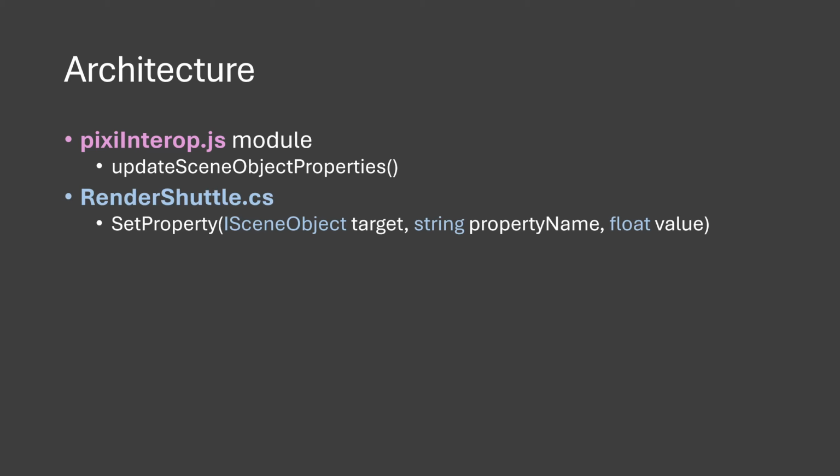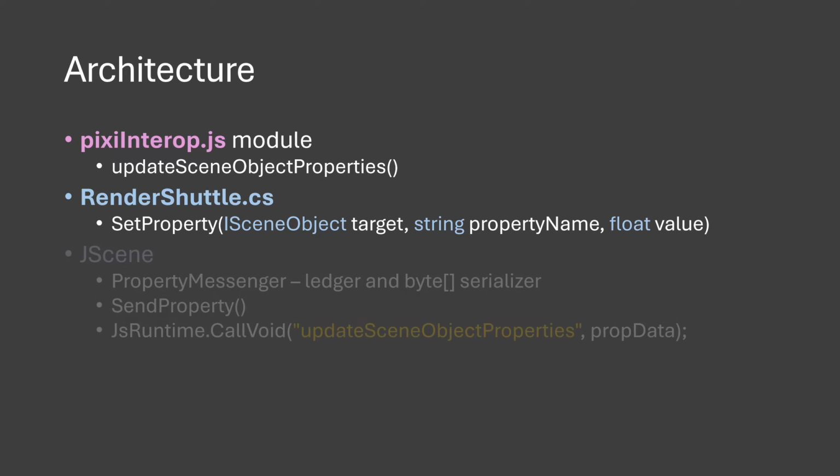On the WASM side, we'll have a class called the render shuttle, which is responsible for keeping track of this ledger that I was talking about, the property setter ledger, and then serializing it into the byte array on the WASM side.